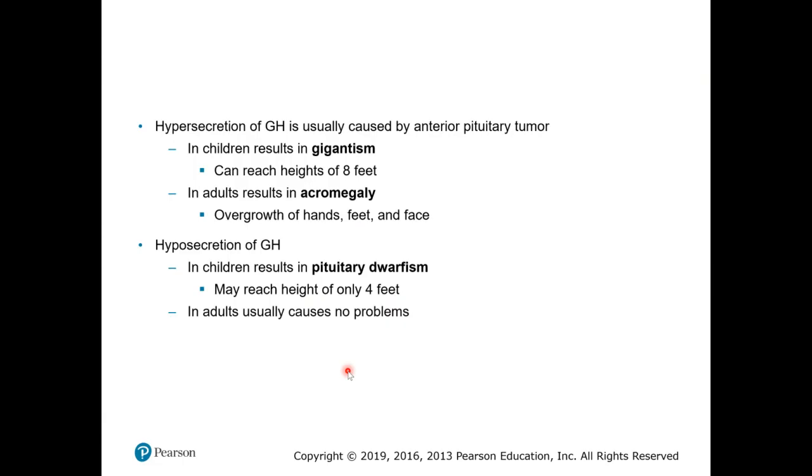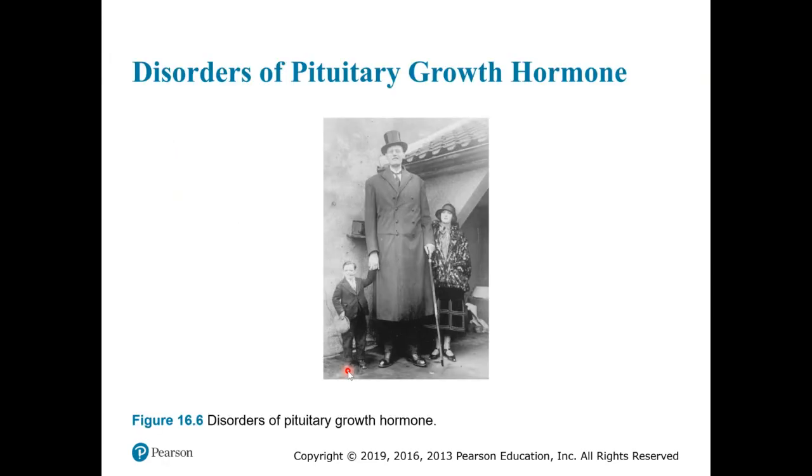And if we have hyposecretion of growth hormone in adults, it usually causes no problems unless you're trying to go to the gym and build muscle mass, and then it might not work as well. So here's a picture of all three. We have a normal sized person, we have an exceedingly tall guy, a giant, and we have the dwarf over here. Just the same proportions as a regular person, only smaller.